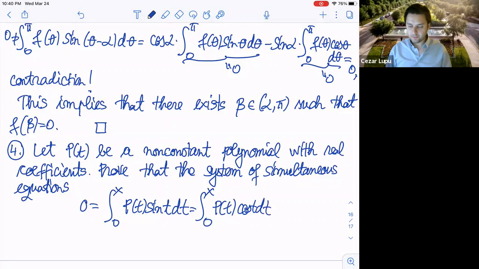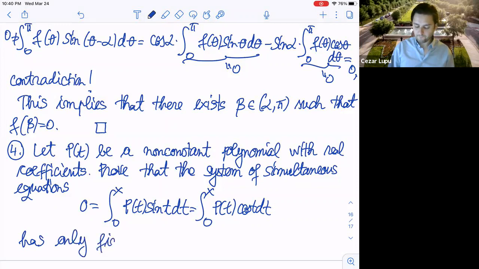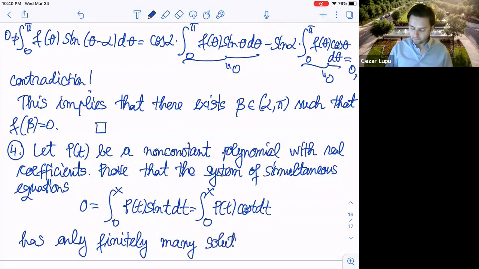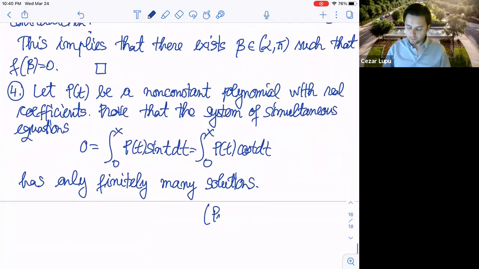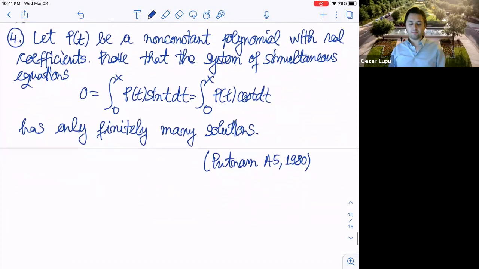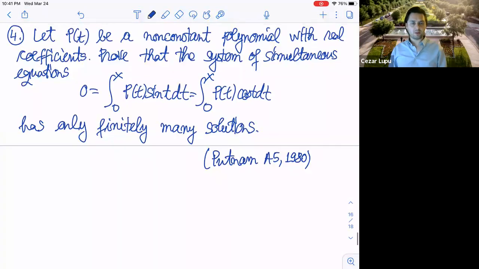So this system of simultaneous equations has only finitely many solutions. All right. And this was a Putnam A5 in 1980. As you can see, it's somewhat similar to the previous problem.